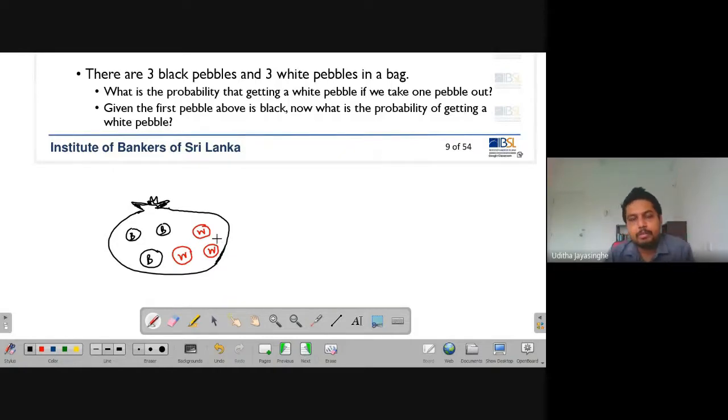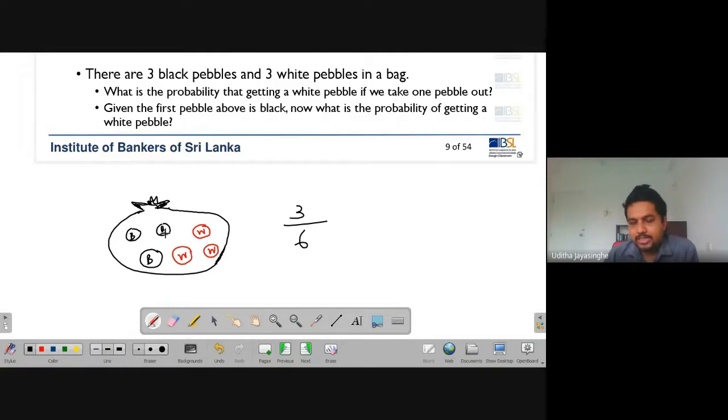There are 3 black pebbles and 3 white pebbles in the bag. What is the probability of getting a white pebble if we take 1 pebble out? If you randomly put your hand into this bag and you're not looking at the color, just pick 1 pebble. What's the probability that it is going to be white? Simple. 3 divided by 6. Why? There are 3 white pebbles, 3 black pebbles.